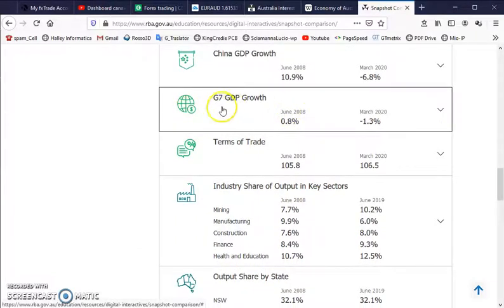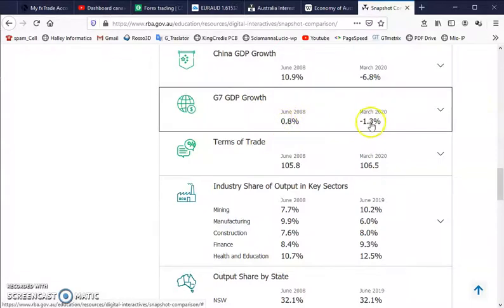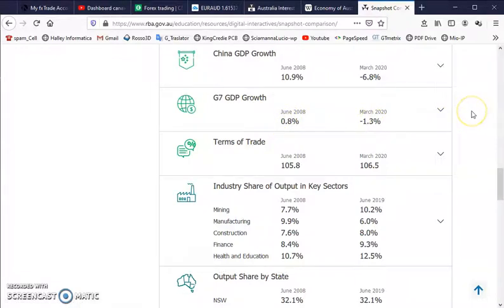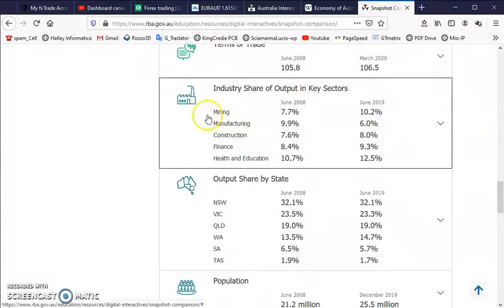The G7, the main states of the world, are now in negative growth, and we can see other mining is growing, manufacturing is lower, or near 50%, construction is higher, and financial services are higher.